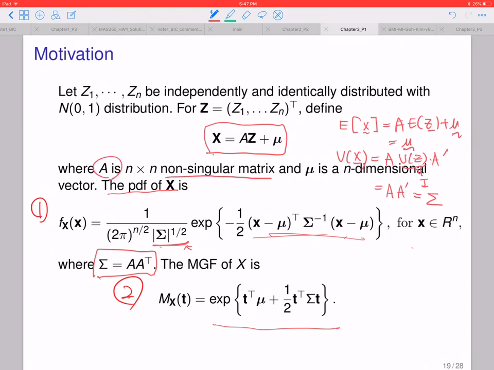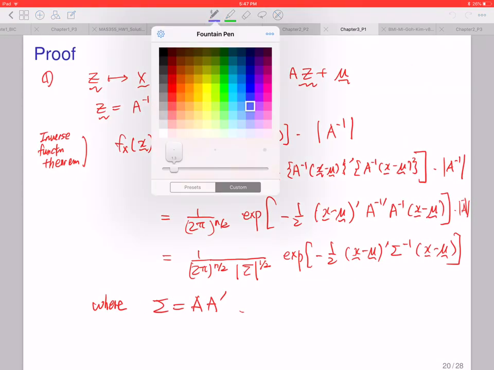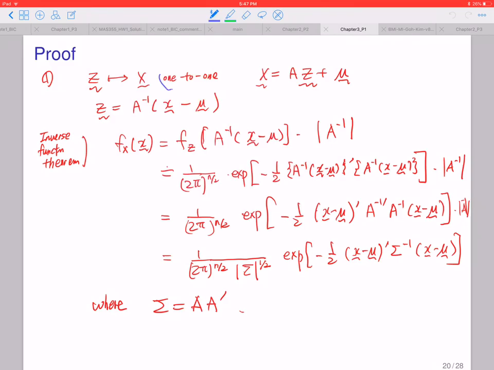To make life easy, we start with the simplest case where A is non-singular, so that the inverse exists and this transformation is one-to-one. This is the inverse transformation.